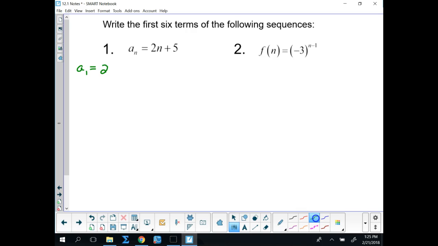That's going to be 2 times 1 plus 5. 2 times 1 is 2, plus 5 is 7. Then I go on to the next term, putting 2 into the equation. That gets me 9.